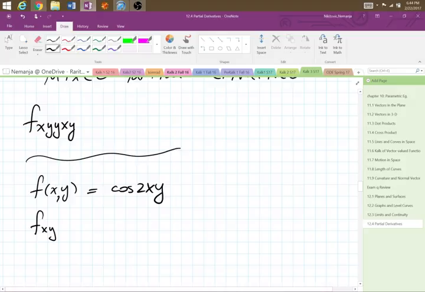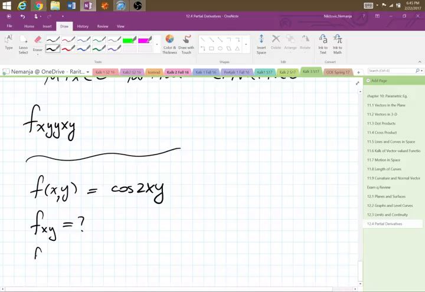So the first derivative you're going to take is going to be with respect to x, and then whatever result you get, you will take the derivative of that with respect to y. This is called a mixed partial derivative because obviously it has both x and y in it.